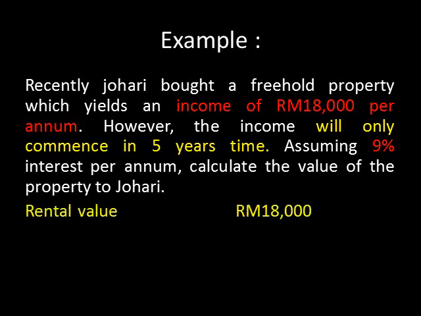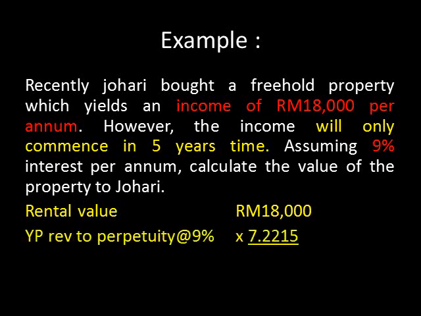So now you want to calculate the value of the property to Johari. The income received, or the rental value, is 18,000, and we assume that it is net. Times the YP reversion to perpetuity, which is 1 over IA.